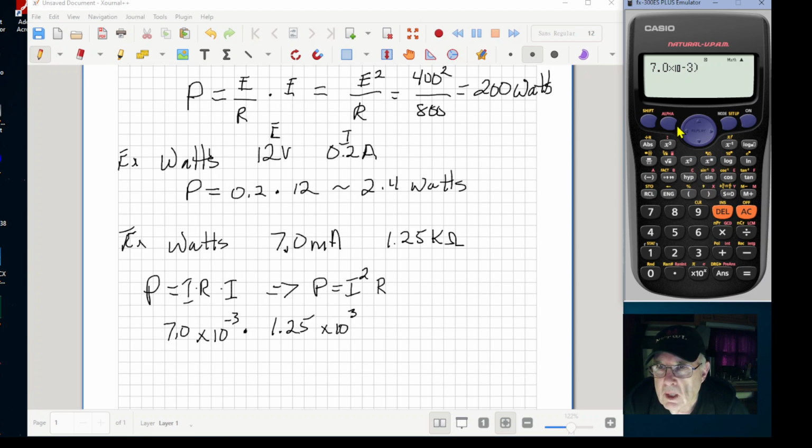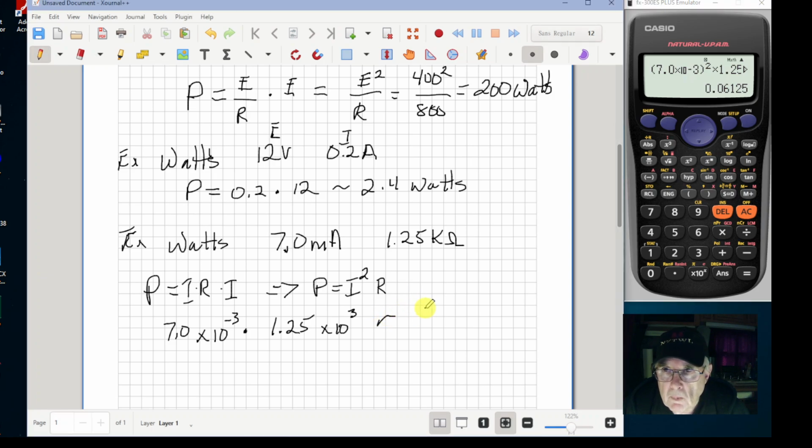However, I'll put this whole thing in parentheses to emphasize the fact this is I squared R. So let's make this squared, times our 1.25 times 10 to the third power. Virtual calculators don't work well. And yes, we get 0.06125. Let's make a scientific number out of that: 1, 2, 3. So we have 61.25 milliwatts of power.